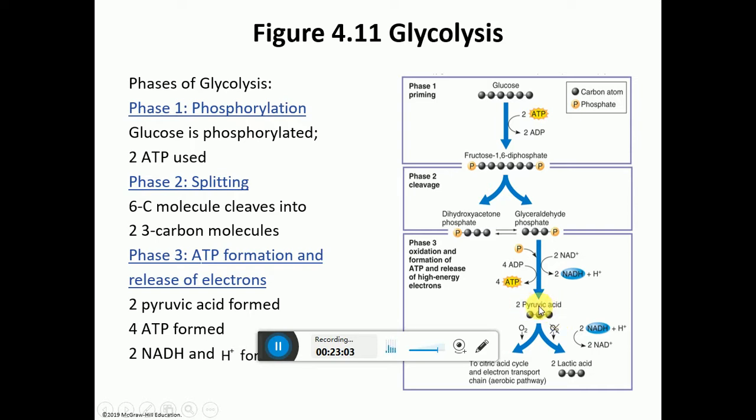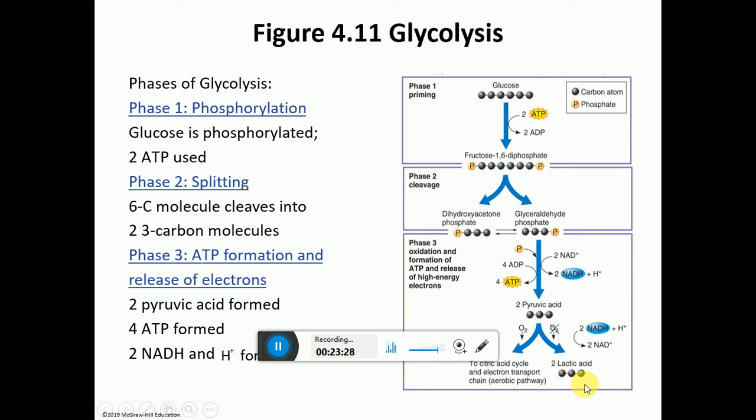Now that pyruvic acid has 1 out of 2 ways to go. If there is enough oxygen, the pyruvic acid enters the mitochondria and starts the citric acid cycle. If there's not enough oxygen left, you can see the oxygen is crossed over, so not enough oxygen is found in the body, that pyruvic acid is going to be broken down even further and make lactic acid.